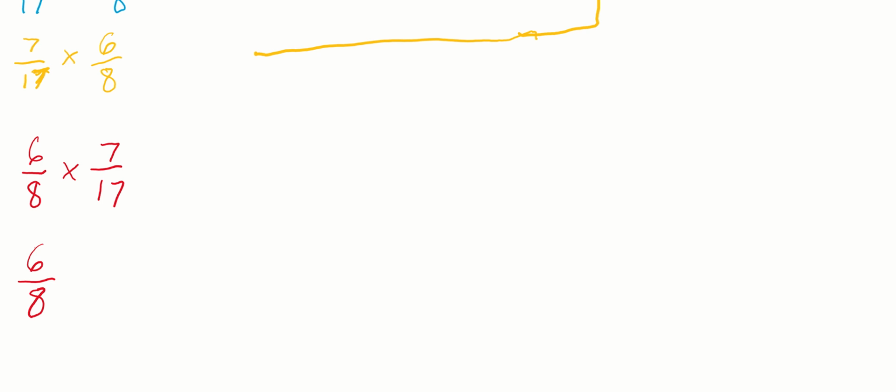I have to identify the greatest common factor of 6 and 8, which is 2. So 6 divided by 2 over 8 divided by 2 will give us 3 over 4, which is equal to 6 over 8.